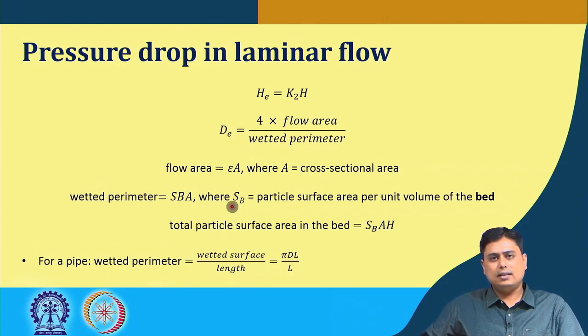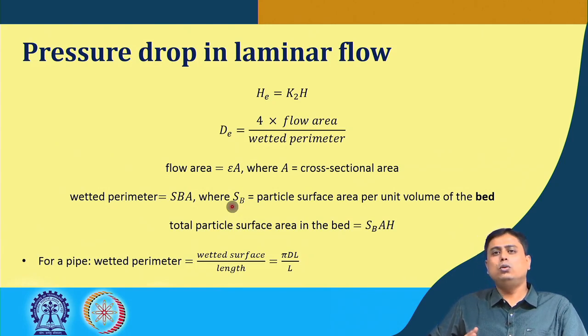So, if that is the surface area per unit volume of the bed, okay, then the wetted perimeter is basically that multiplied by the cross sectional area. Again S B, if we define that as the particle surface area per unit volume of the bed.